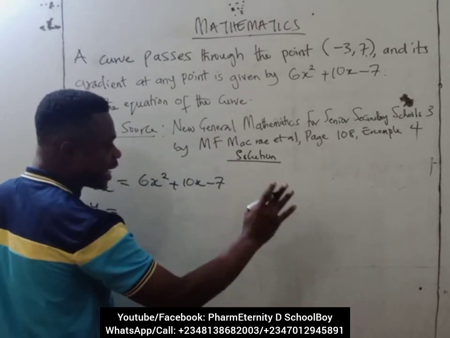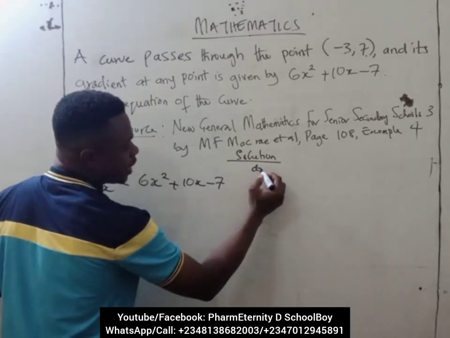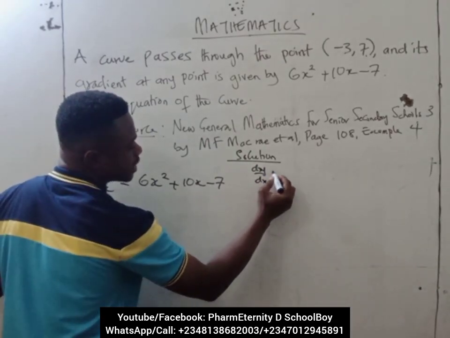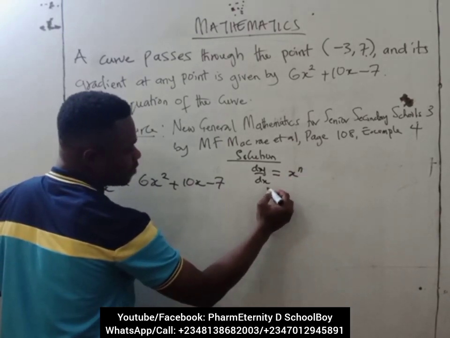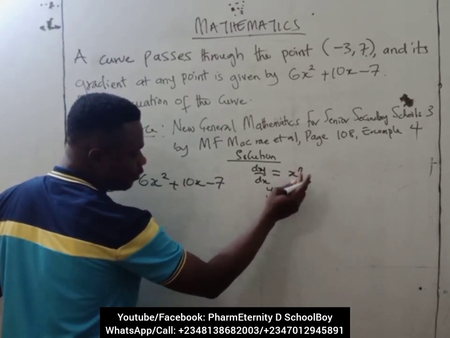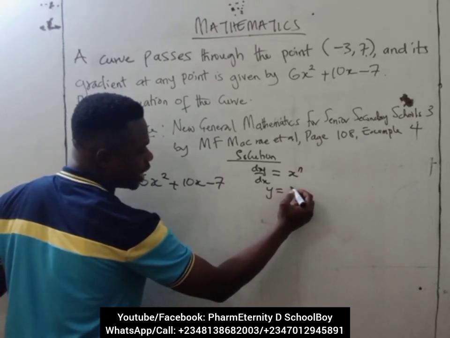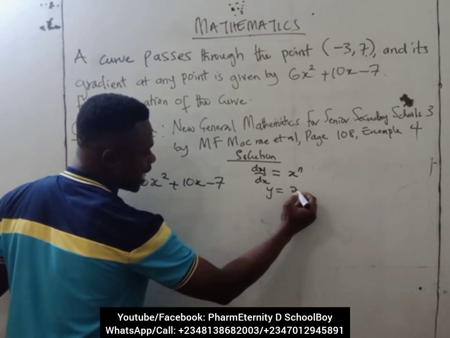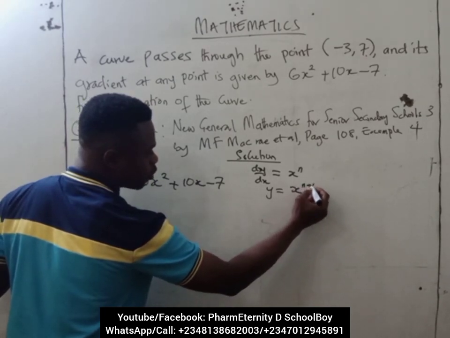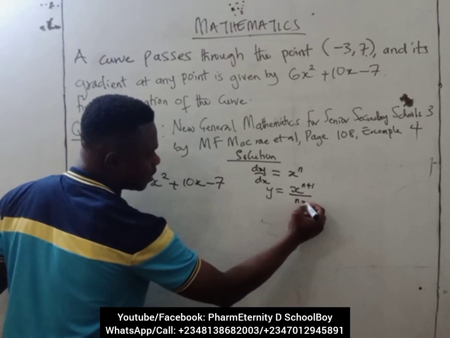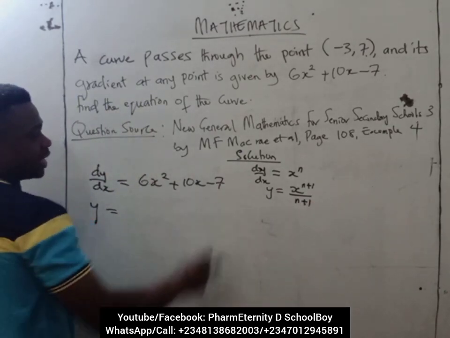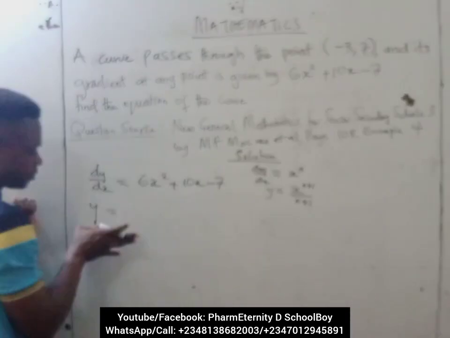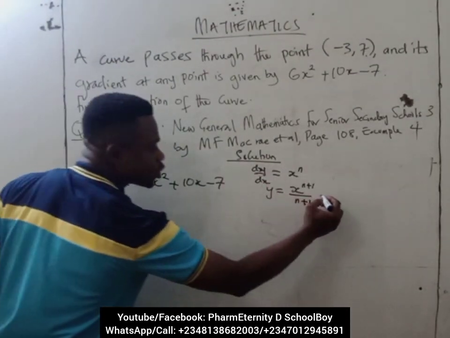We know generally that if dy/dx is equal to x raised to power n, that means y, if we integrate this, is equal to x raised to power n plus 1 over n plus 1. This is y, if this is dy/dx. So let's apply this here. But there should be a constant.